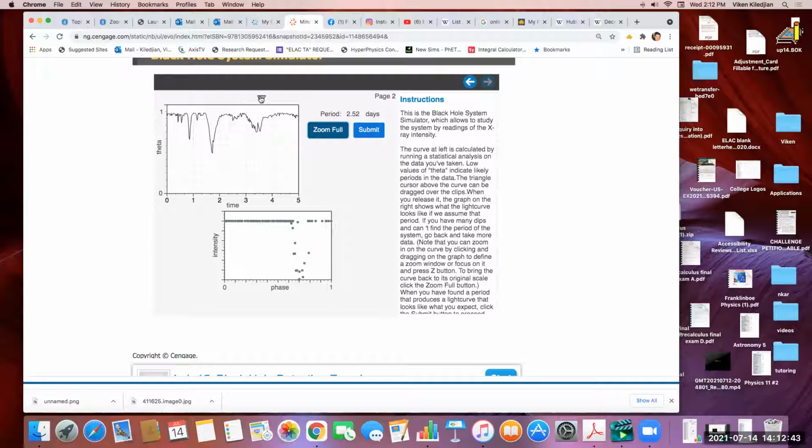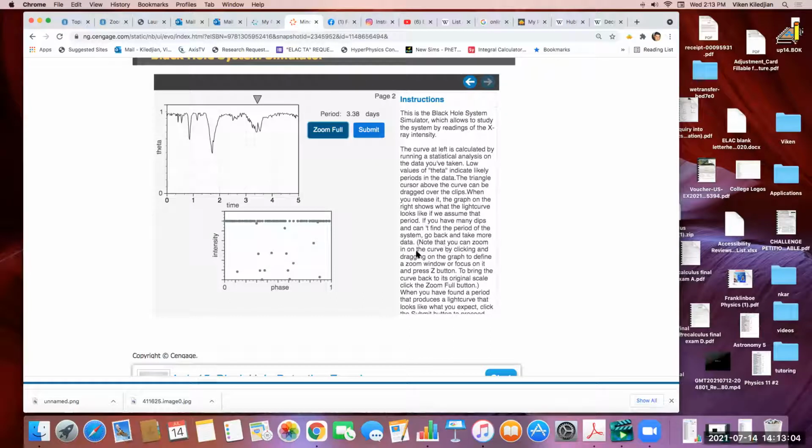Oh, this is pretty complex. So it's taking the data of what we just did over there. When you release it, the graph on the right shows what the light curve looks like if we assume that period. If you have many dips and can't find the period of the system, go back and take more data.